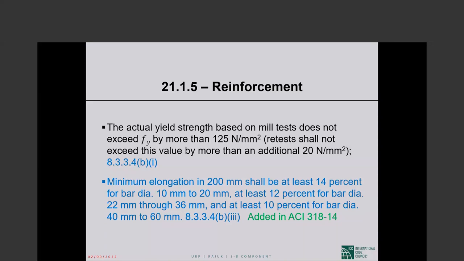This is an extremely important requirement or limitation, because in seismic design, I will say this now, I may say it many more times later today or in the future: in seismic design, more is not always better.